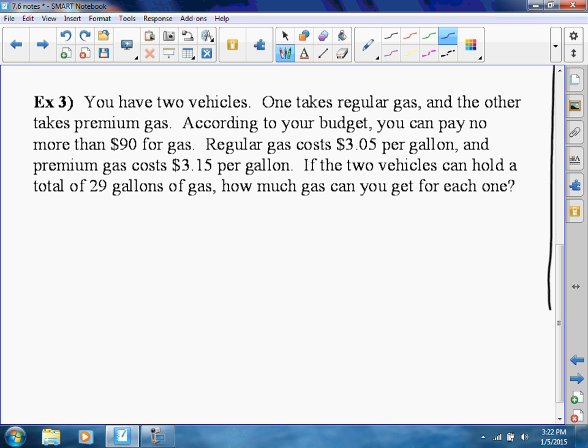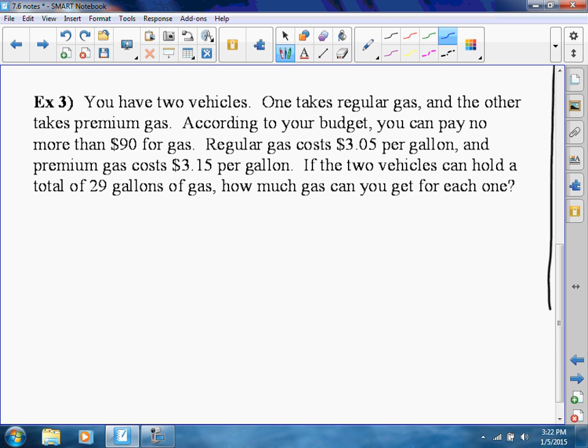Okay, now these gas prices are a little high. Gas prices have come back down again, thankfully. But let's just say that the regular gas costs $3.05 per gallon and the premium gas costs $3.15 per gallon. So if the two vehicles can hold a total of 29 gallons of gas, how much gas can you get for each one without going over your budget?